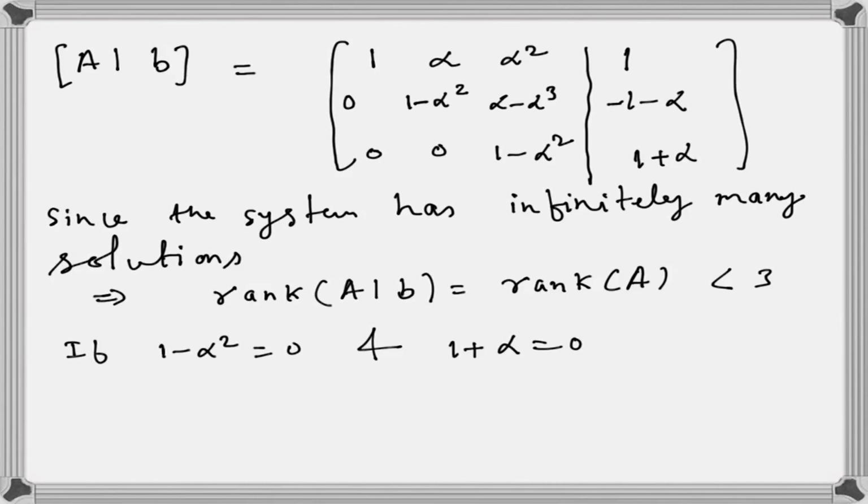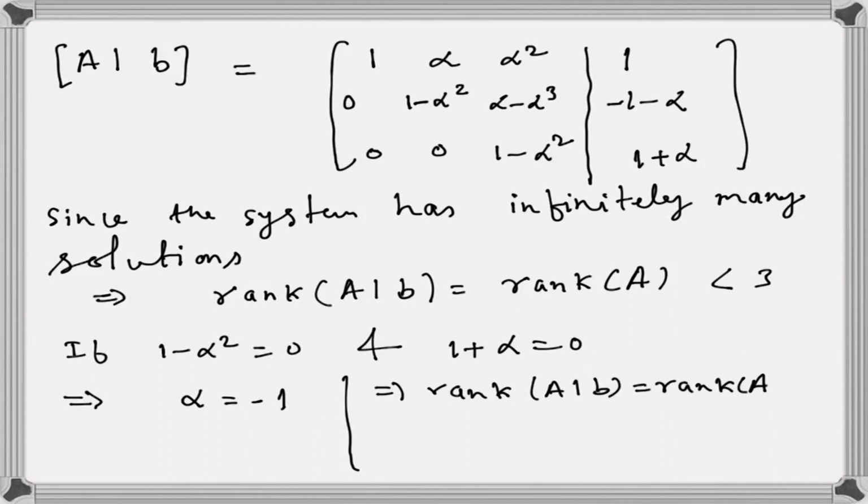If these two conditions hold together, then the third row of the augmented matrix is a 0 row, and the third row of the A matrix is automatically 0, and then the rank of A is equal to the rank of A augmented B, which is 2. So together these conditions imply that alpha value is minus 1. At this value, rank of A augmented B is equal to rank of A is equal to 2, less than 3.